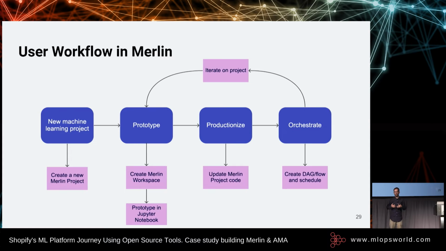Once the code is ready, they can put that code back into the Merlin project code and then merge it into the main branch. And then they can orchestrate a DAG or an Oozie flow in order to schedule their work so it can run periodically. When the user needs to enhance or include new features in their project, they go back into the prototype phase and iterate on their project again.